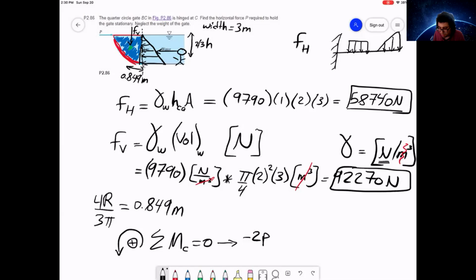So negative 2P. And then for FH, we have the distance at 2/3 from the top and 1/3 from the bottom. So do we add or subtract? We add.